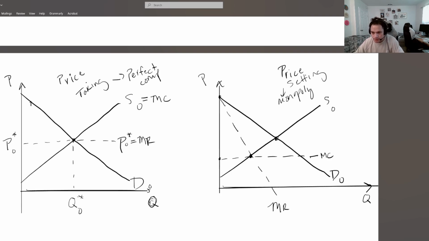We know that all firms are going to produce at the point where marginal revenue equals marginal cost. A couple things to note. When it comes to your price-taking firms, your perfectly competitive firms, your supply curve is equal to the marginal cost. Because these firms have no capacity to differentiate their product and there are no barriers to entry, they have to take the market price as given.